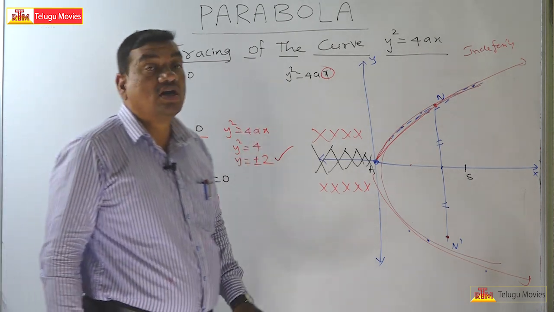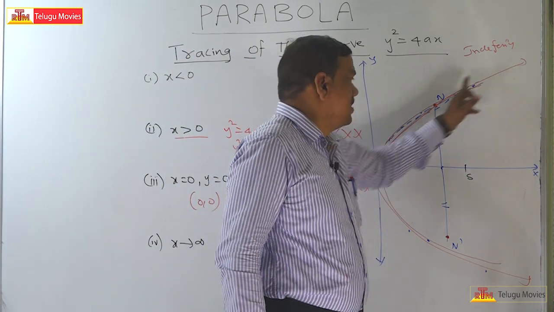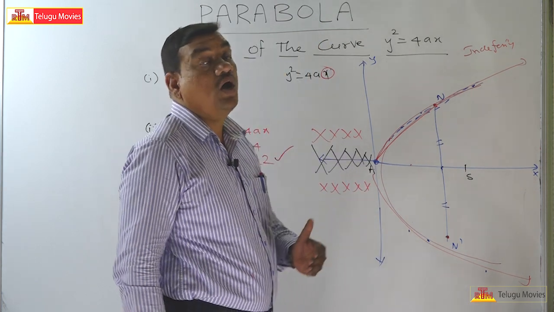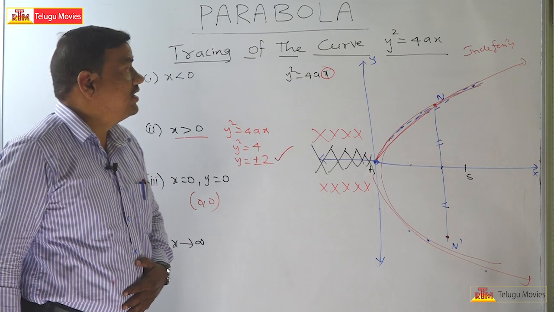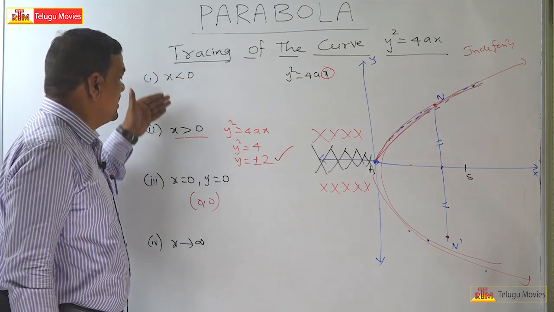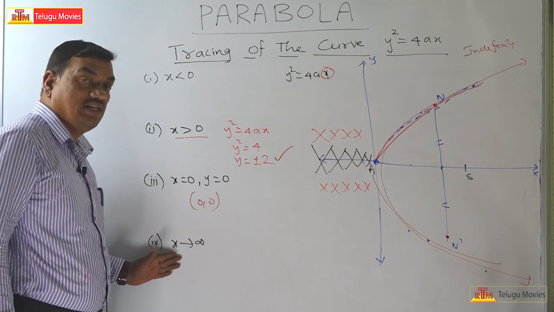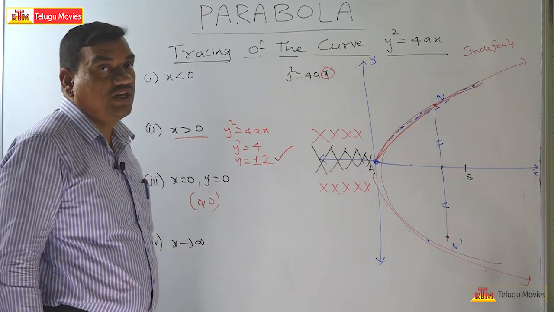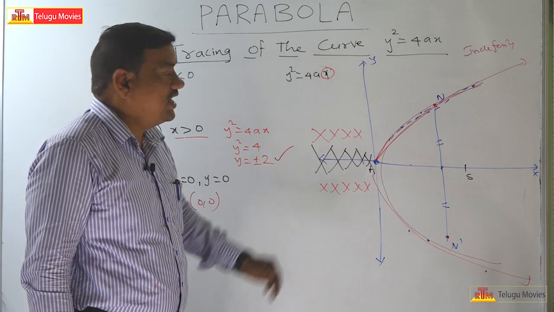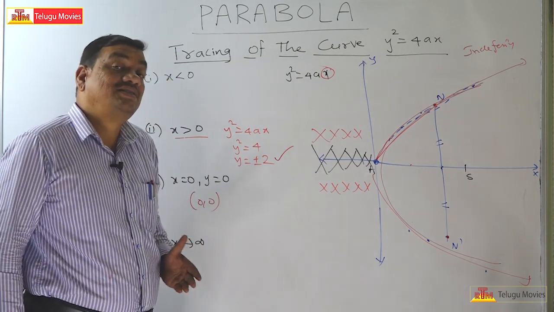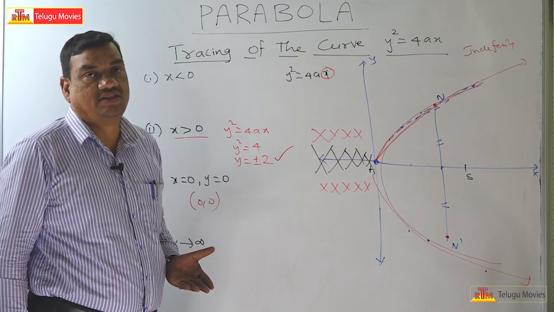So our curve is in the shape of a U. Understand? So this is how we can trace the curve. So this is x less than 0, x greater than 0, passes through the origin, as x tends to infinity, y also tends to infinity, and it is a concave shape. Also we can say that it is symmetric about the x-axis.